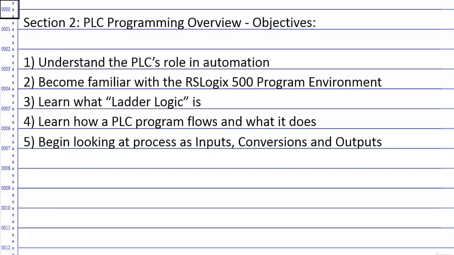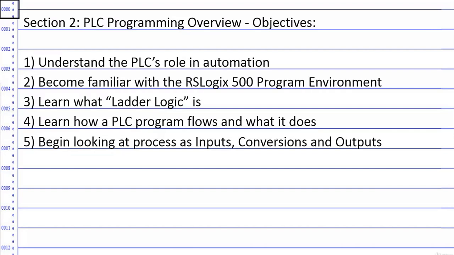Another thing that you're going to want to take out of this section, if you're not already doing it, is when you think about how a machine works and how a process works, I want you to think about it in terms of inputs, conversions, and outputs, especially as it pertains to our PLC. What we're really doing is controlling outputs based on inputs. There's a conversion in the middle, and that's what our PLC does.